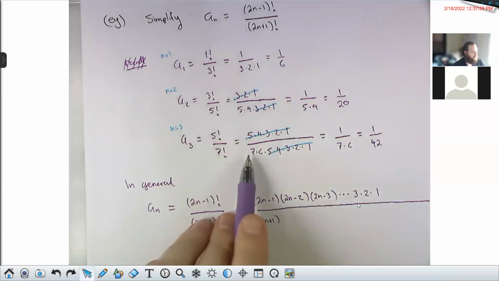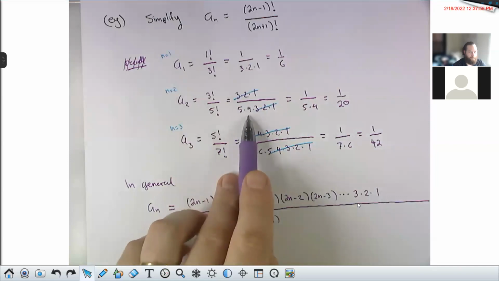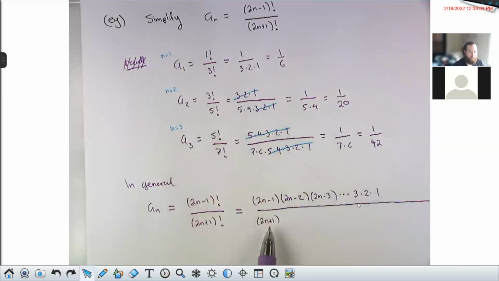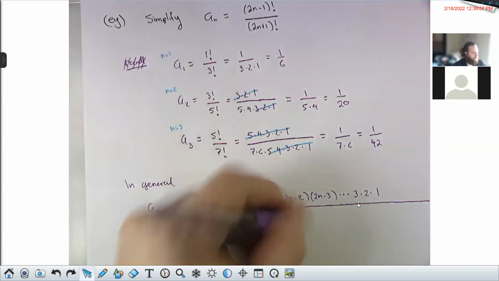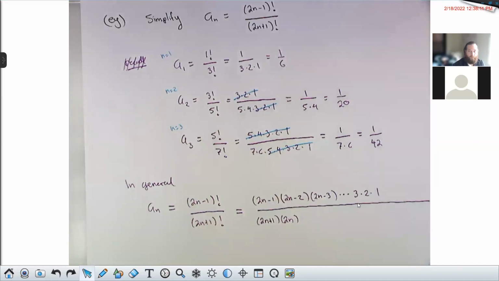So just like to go from 7 to 6, you subtract 1. To go to 5, 4, you subtract 1. To go from the start of this factorial to the next term in the product, you would subtract 1. That's going to give you 2n, right? 2n plus 1 minus 1 is 2n.